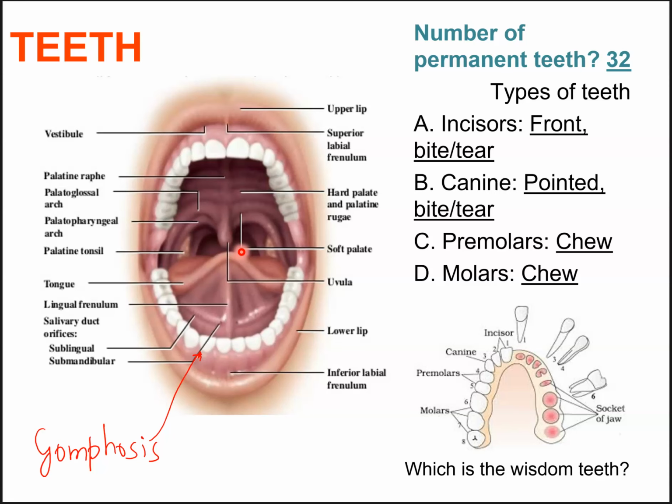Now, when bacteria gets trapped in the teeth and they produce acid, it basically erodes the enamel, causing tooth decay. And when the food gets deposited, it's basically called plaque.